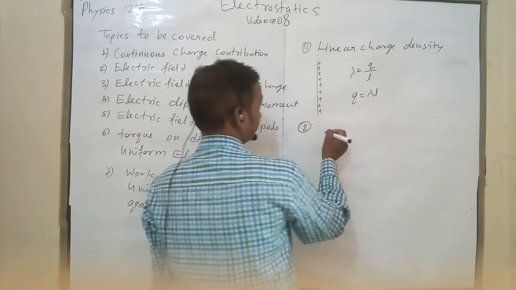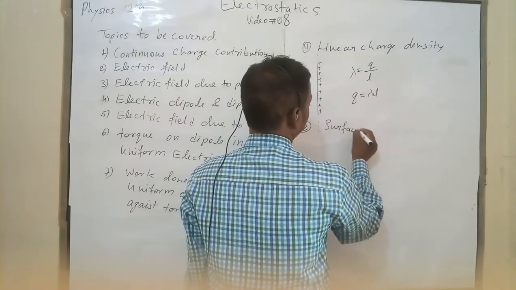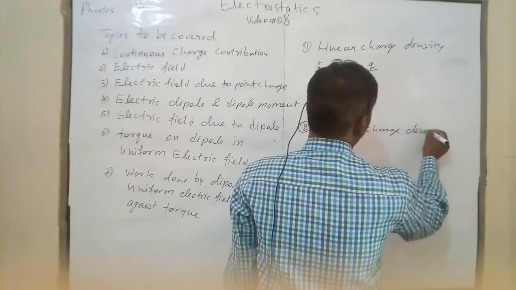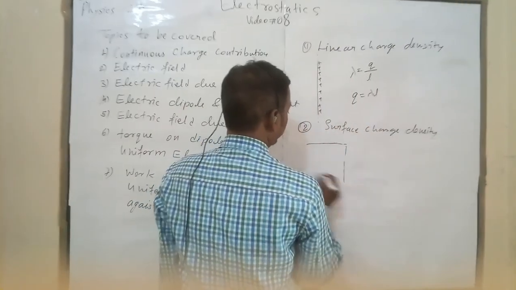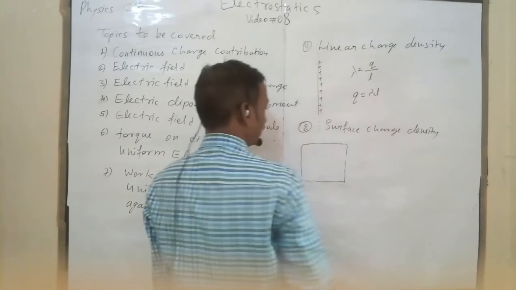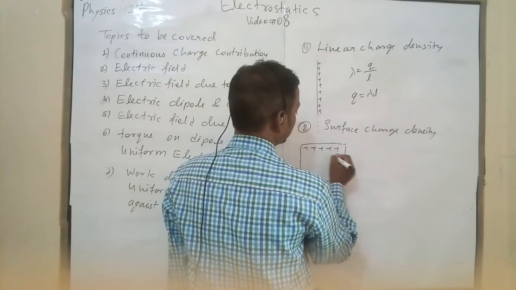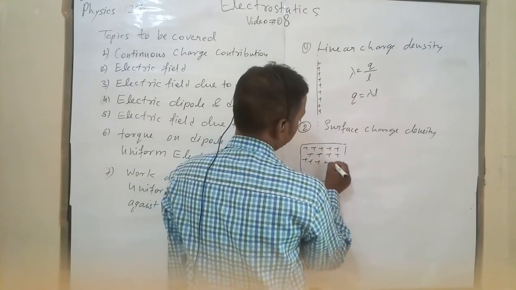Second type is surface charge density. Suppose there is an infinitely thin surface that is positively charged, or it can be negatively charged.